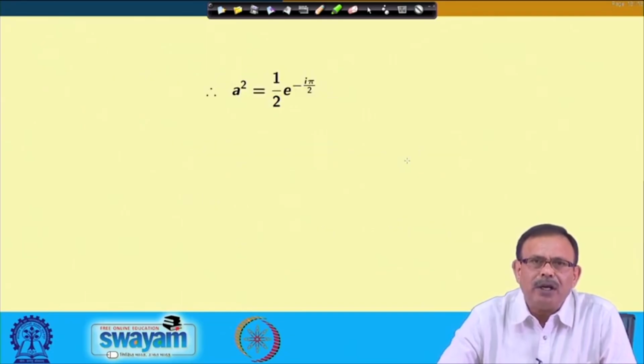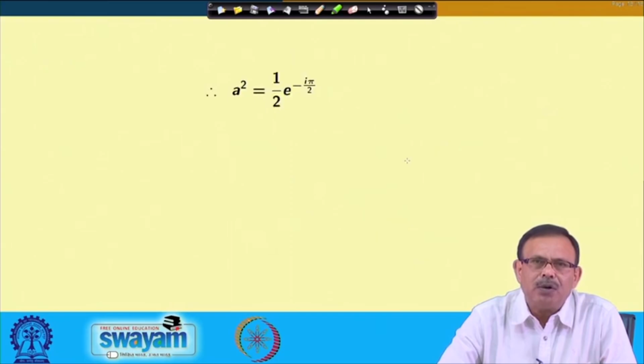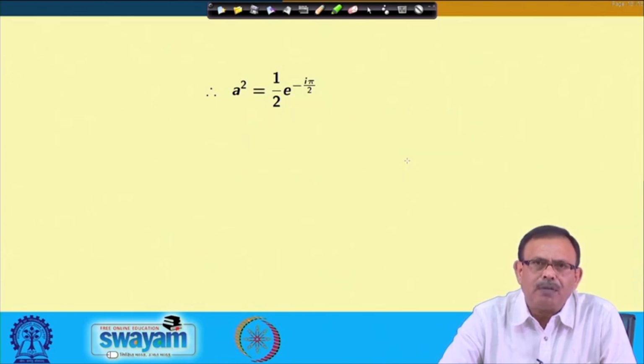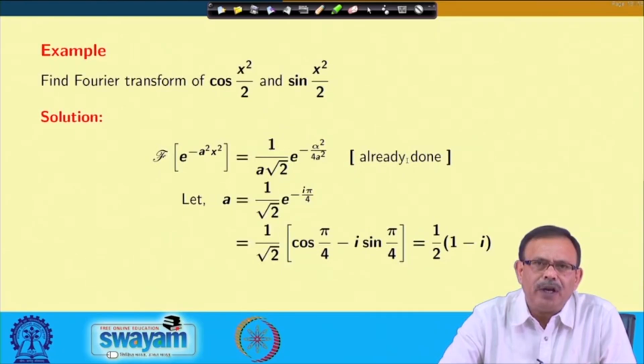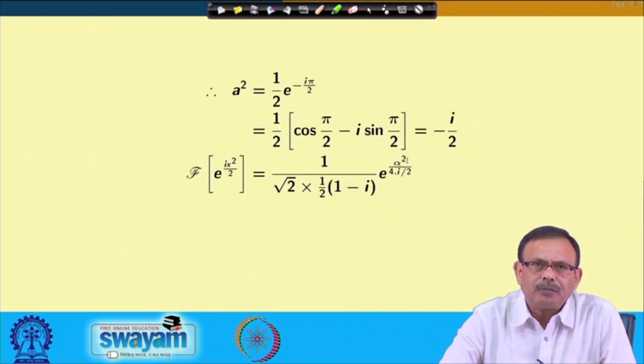And in the same way, since a is assumed this, your a square will be half into e power minus i pi by 2, which again, expanding in terms of cos pi by 2 and sin pi by 2, gives a square as minus i by 2. So, you obtain from the earlier one the value of a as half into 1 minus i, and a square as minus i by 2.